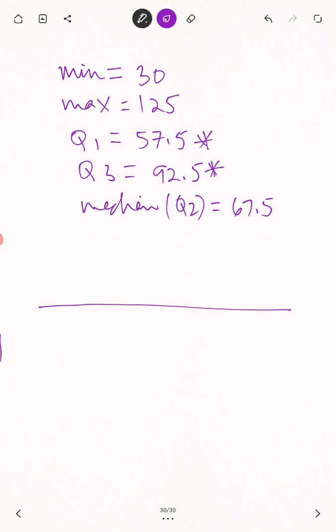So the min value is 30. Actually, I don't have room to do it. I'm going to go by 20s. And I need to go as low as 30 and as high as 125.